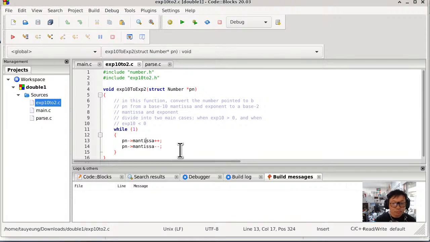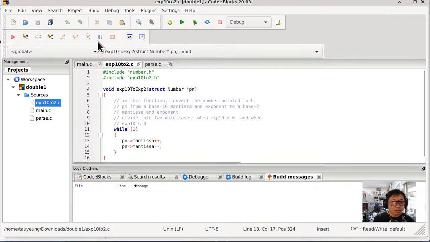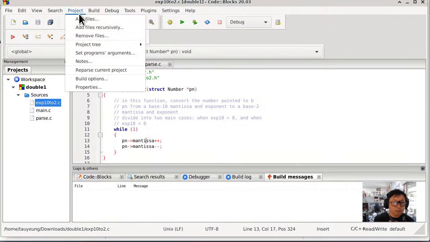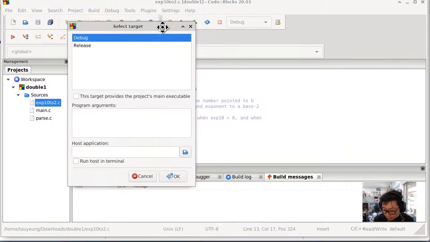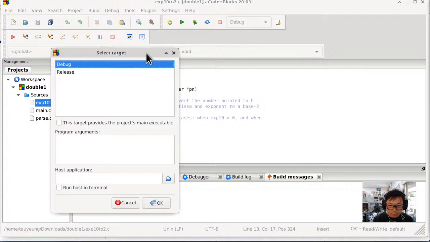All right, so in code blocks, when we are going to test this program, you need to go to project, go to set program arguments. I put the dialog box somewhere else, not in the view of what is being recorded, so now it's good.